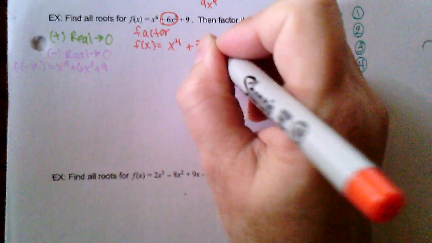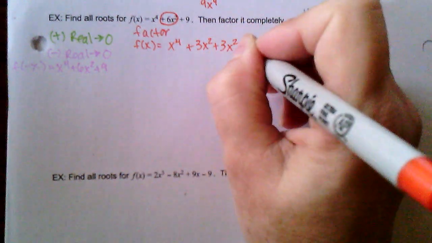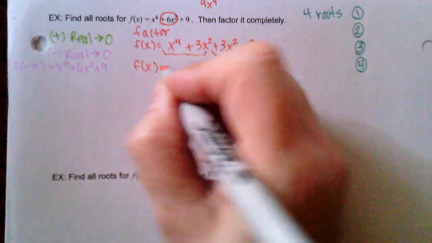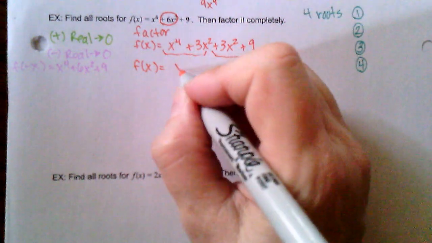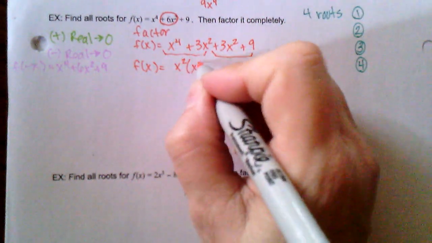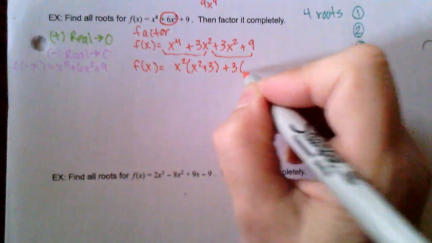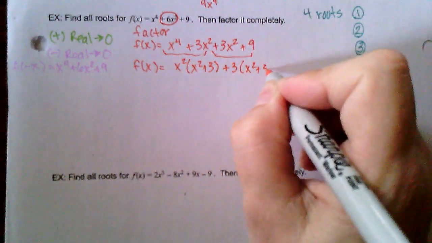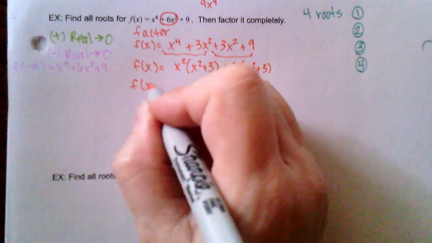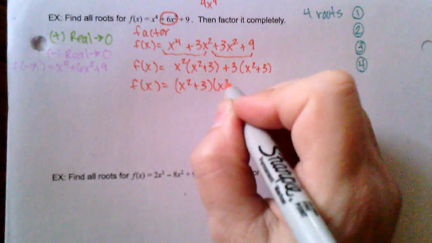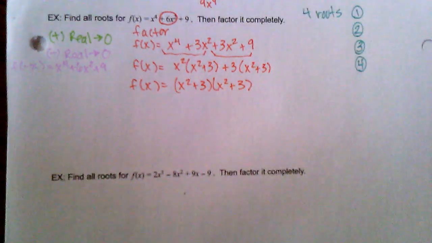So 3x squared plus 3x squared plus 9. And then group these. So f of x would be, I can take out an x squared, and that leaves x squared plus 3. And in this group, I can take out a 3, which leaves me x squared plus 3. So f of x would be x squared plus 3 times x squared plus 3.